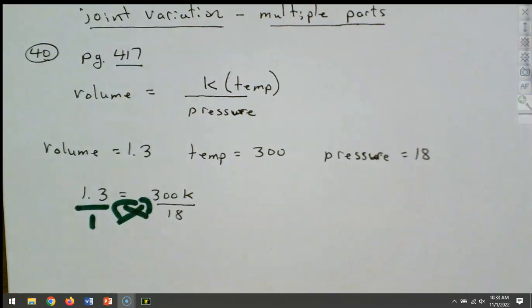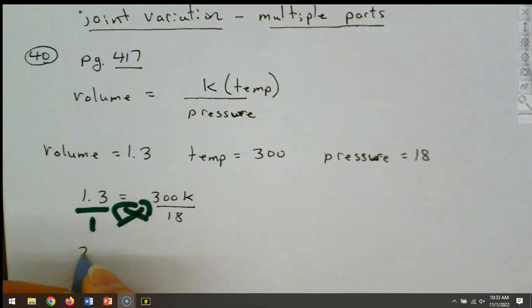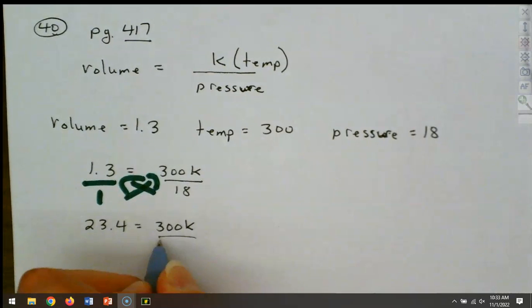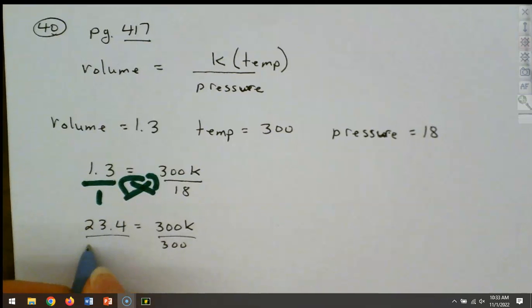So go ahead and cross multiply. And that is now 1.3 times your 18. That's 23.4 equals 300 K. We'll divide by our 300.